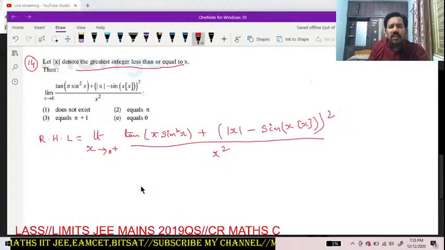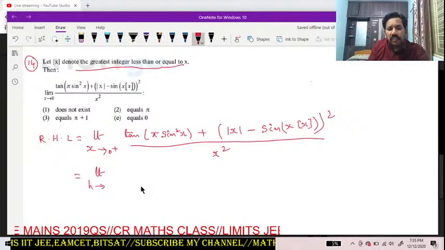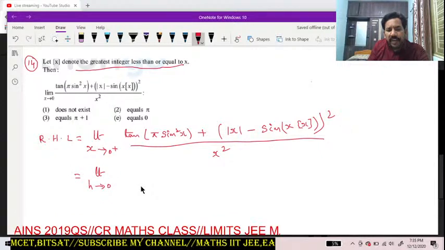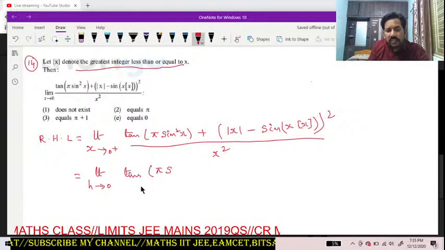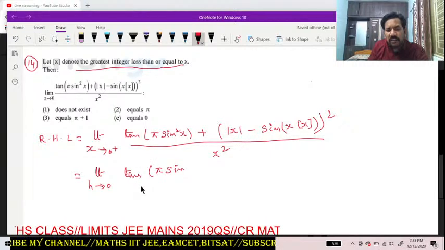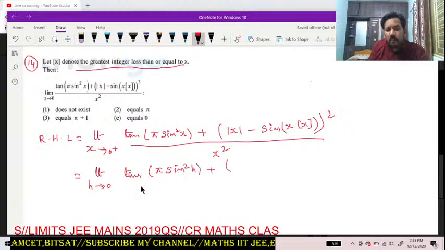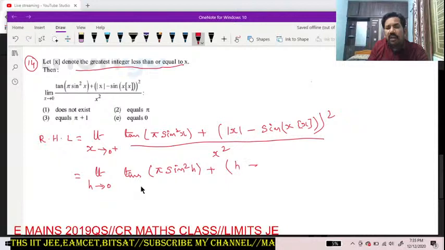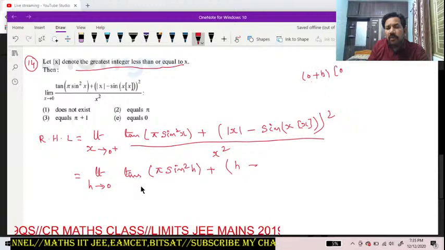Okay, x tends to 0 plus means we can write limit h tends to 0. Directly I am writing, students, tan pi sine square 0 plus h, that is sine square h, plus modulus 0 plus h, that is h, minus sine of 0 plus h into step of 0 plus h.